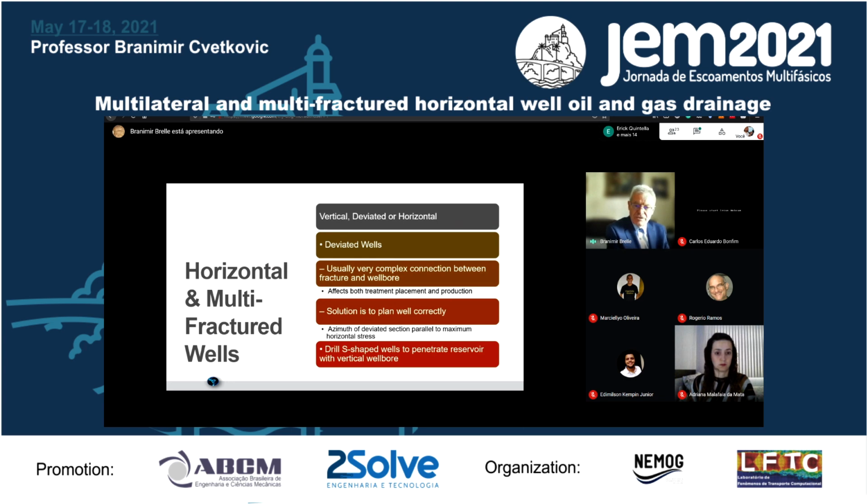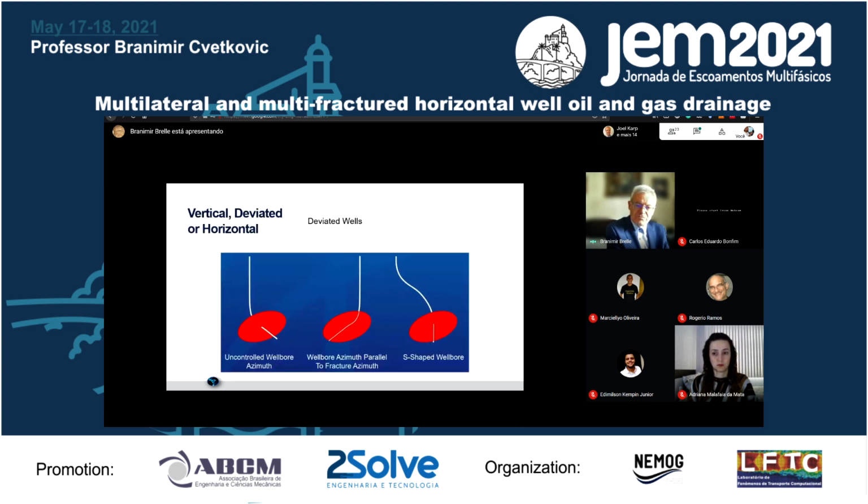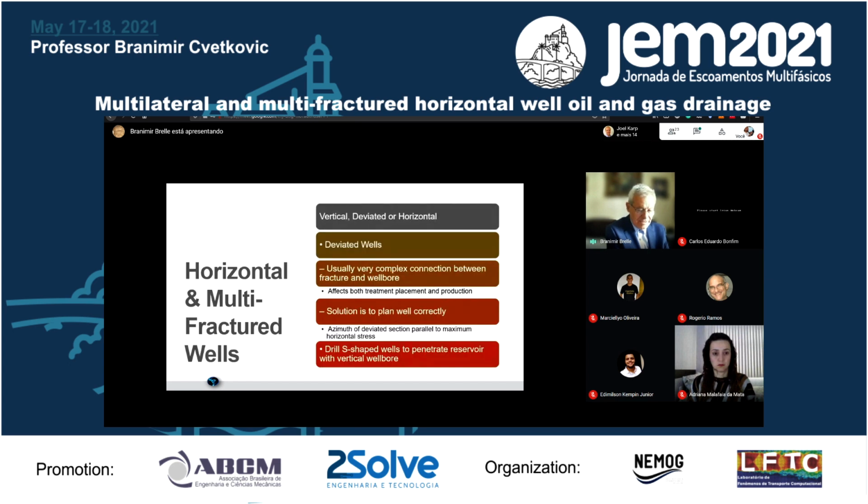And then the solution is to plan the well correctly, with the azimuth of the deviation section parallel to the maximum horizontal stress. That is very important, because the way we make the fracture, which we will discuss later, is related to the stress analysis. So rock mechanics is an important part, because you also have the material stresses. So you as a mechanical engineer are well educated, even better than many others, to learn that technology, okay?